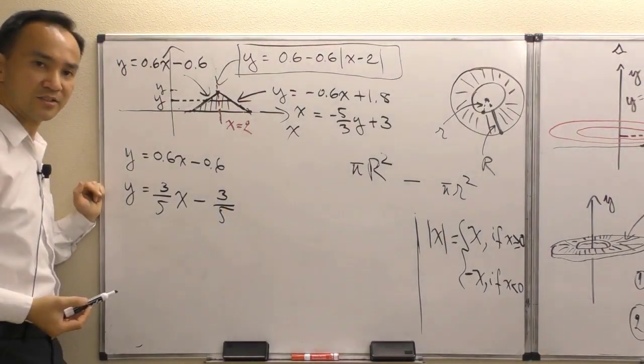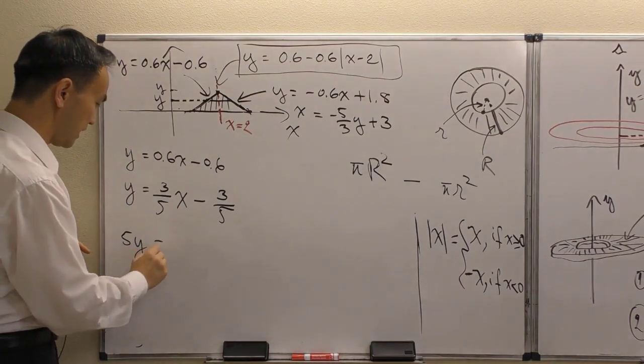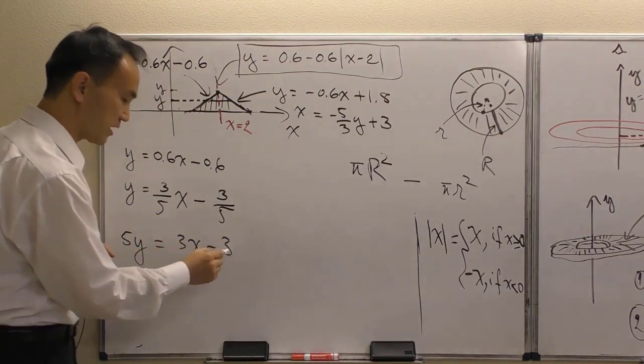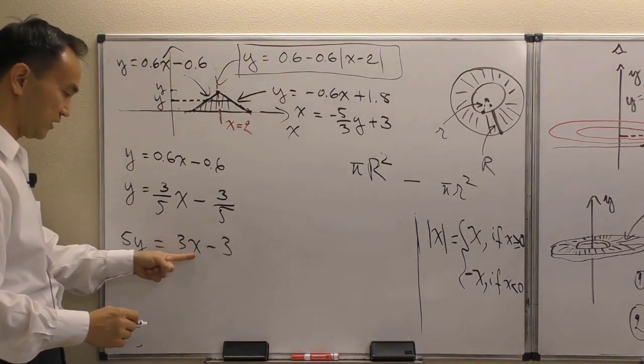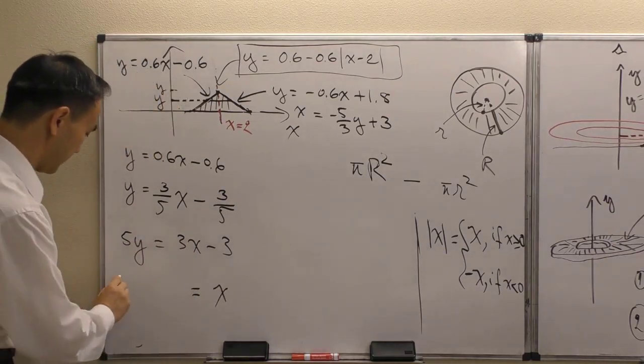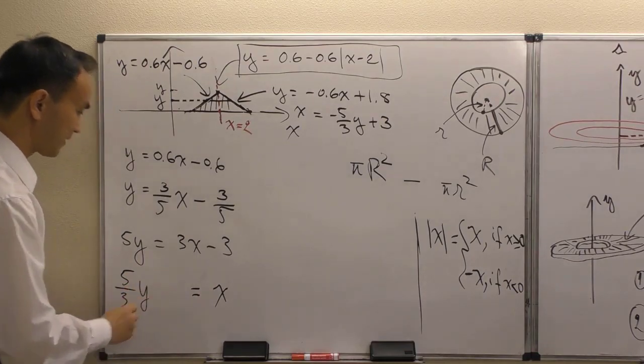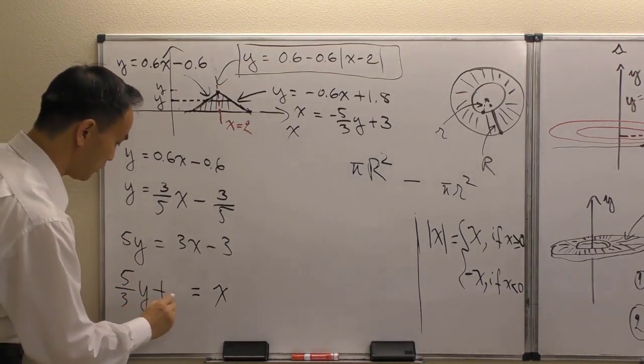And so now solving this for x, I'm multiplying both sides by 5, giving me 5y equals 3x minus 3. And then adding that 3 over and dividing both sides by 3, I'm ending up with x equals positive 5/3 y plus 1.